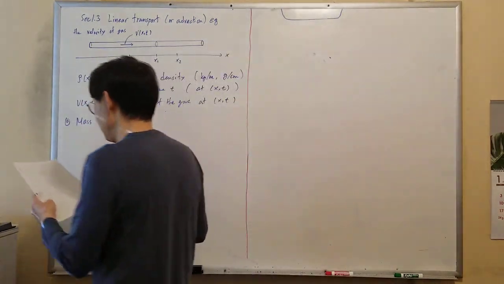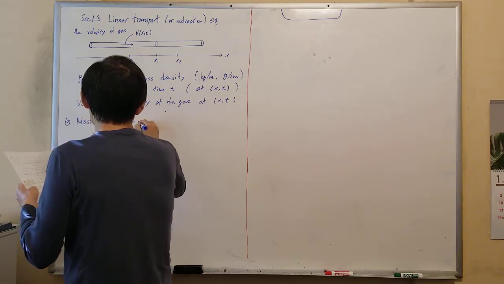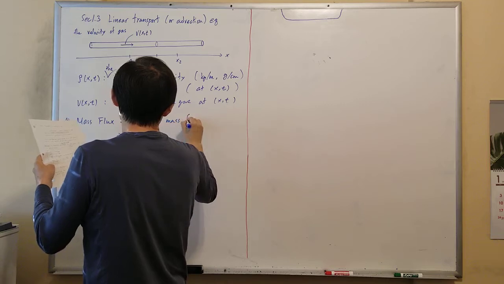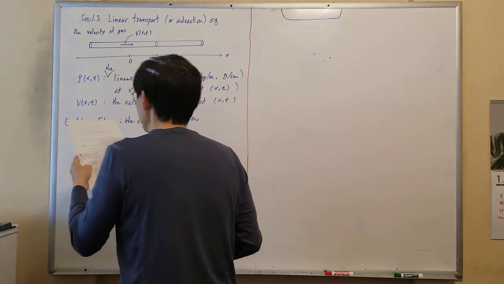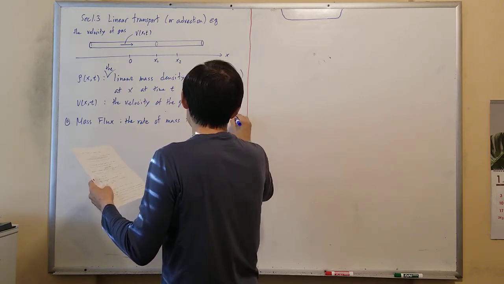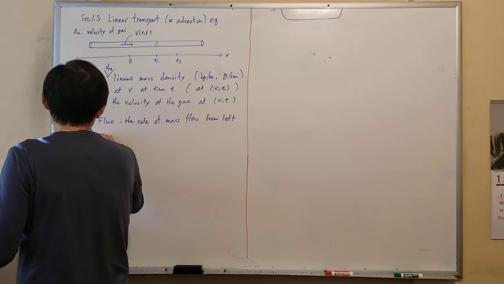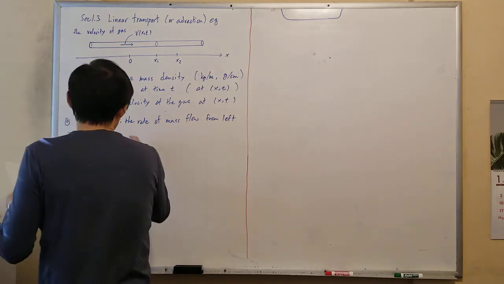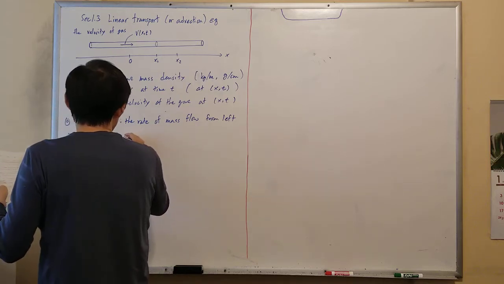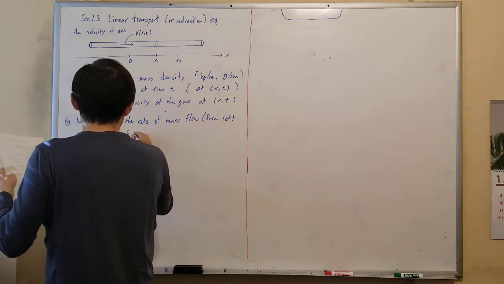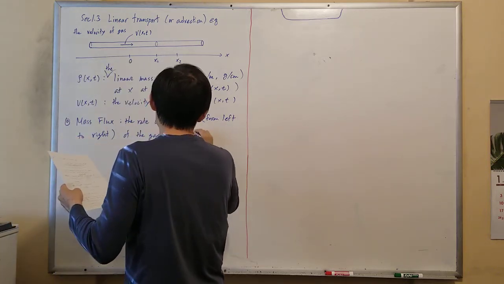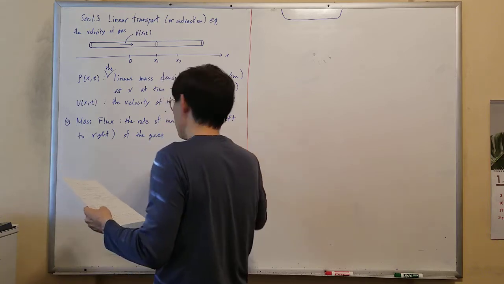Mass flux is the rate of mass flow from left to right of the gas, so that would be kilogram per second or gram per second.